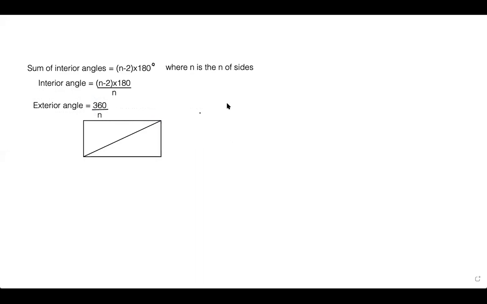Now, you can be given a question where they talk about the number of sides of a certain polygon, and then they ask you for the interior angle.